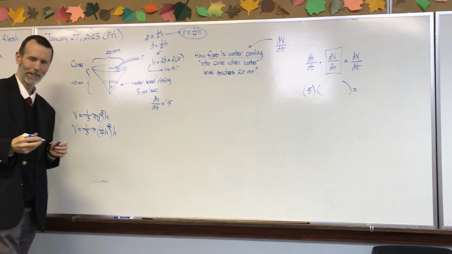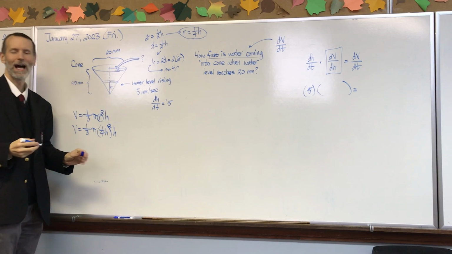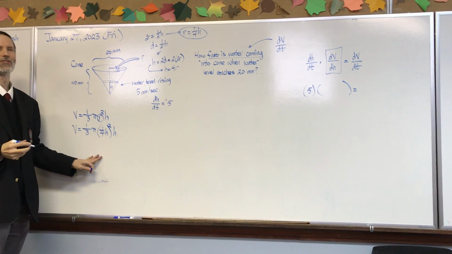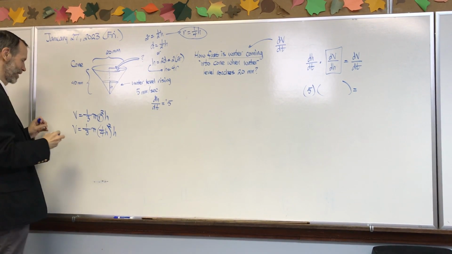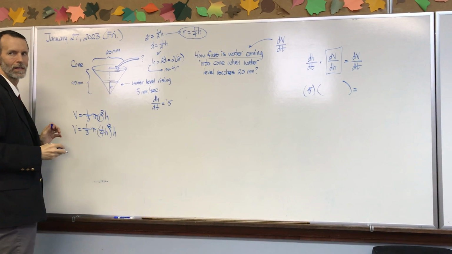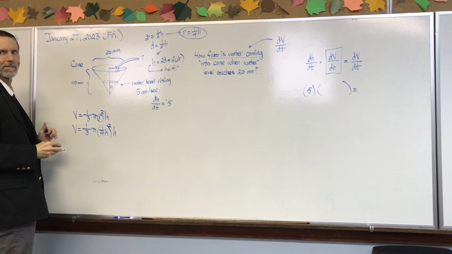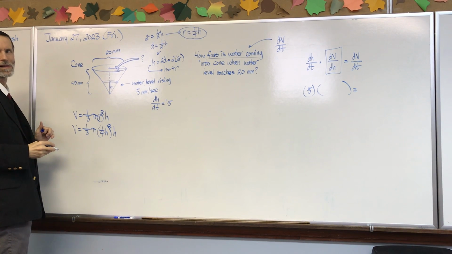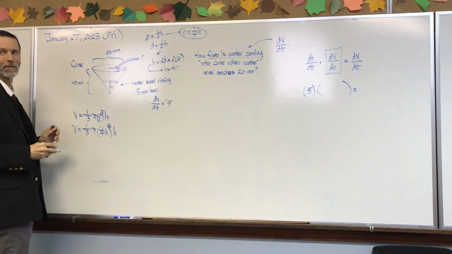Nate, finish that off for me. Simplify. I would not take the derivative in this form. It's a disaster. What do you do first for simplifying? You do the square, the exponent.